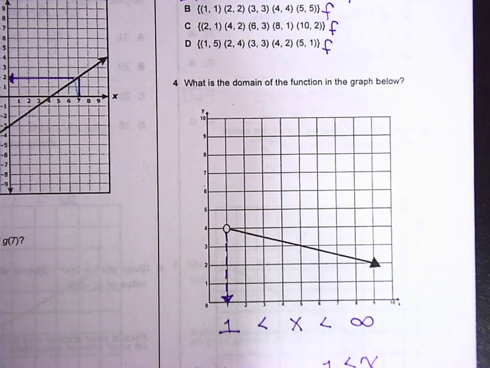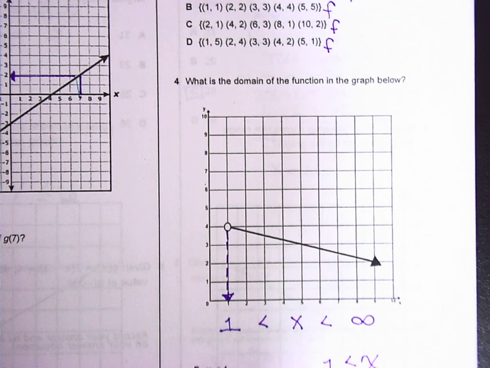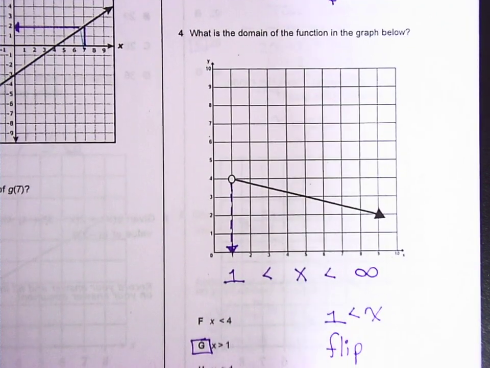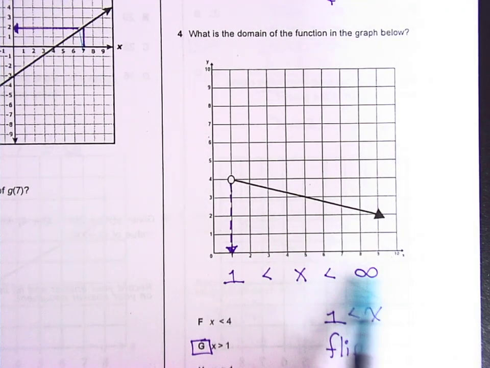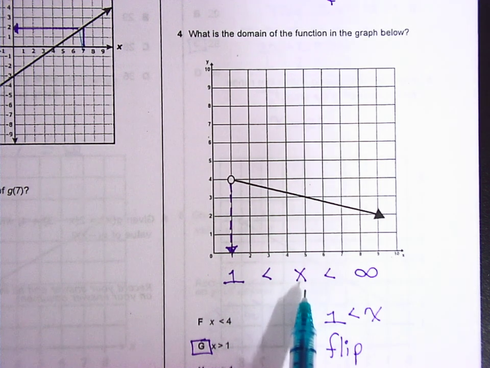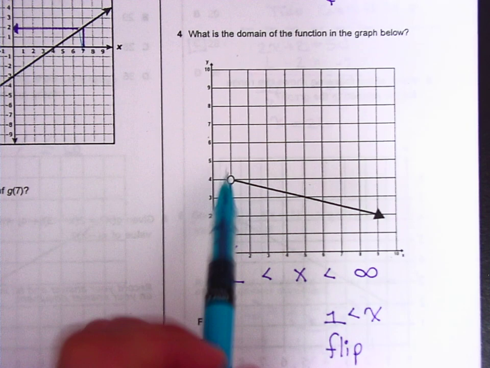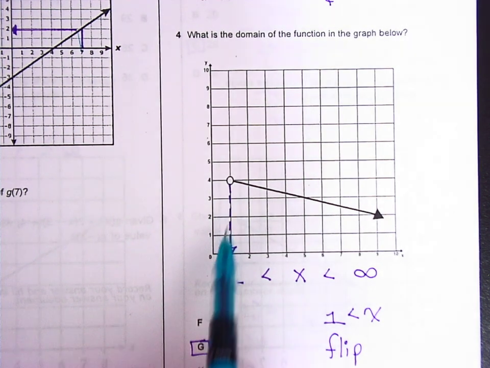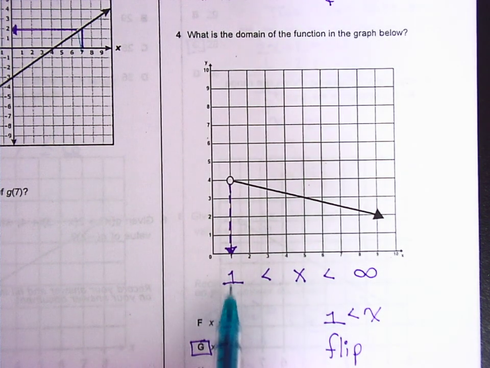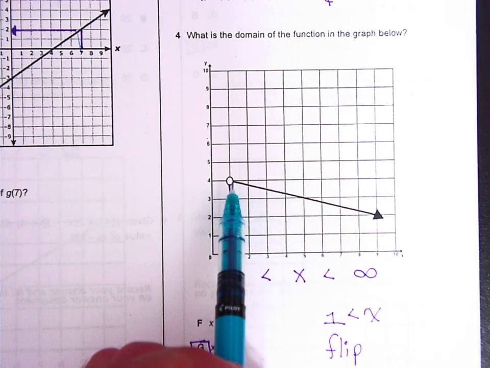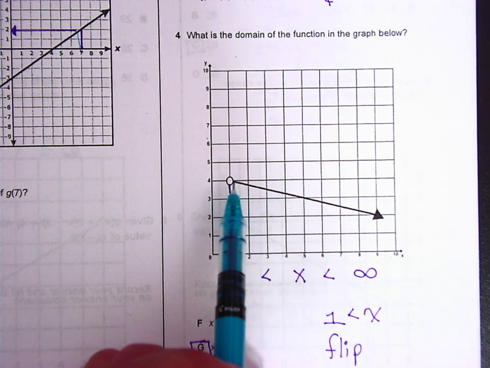Question 4. What is the domain of the function in the graph below? The domain measures the width of the graph. So we use the x-axis as our ruler, so to speak, and we know we go from least to greatest, or from left to right. So the leftmost part of this graph terminates here at positive 1. But because we have an open circle, it doesn't really connect or exist at positive 1.